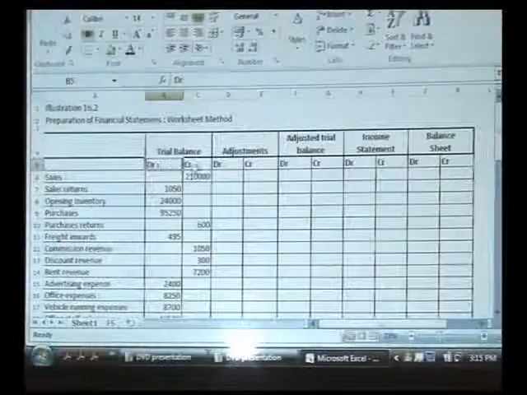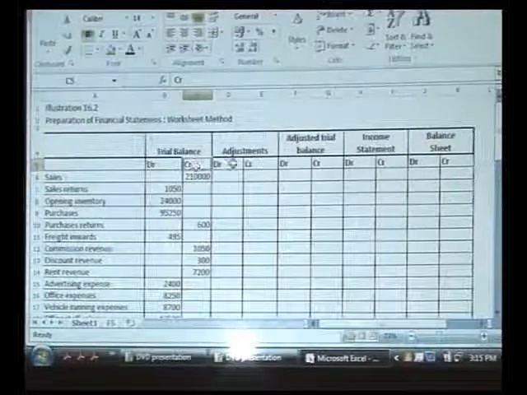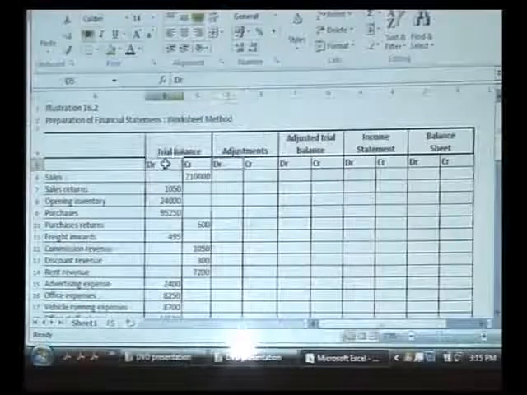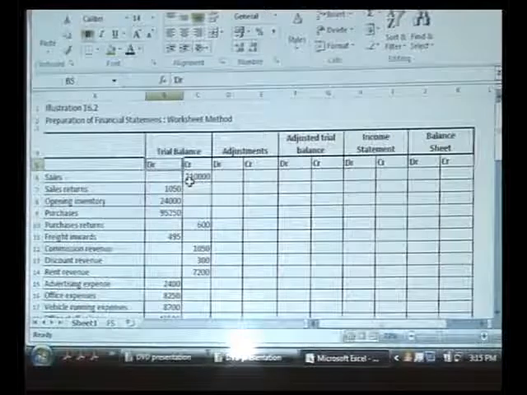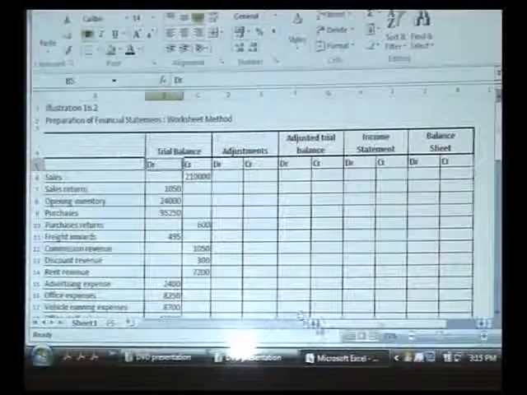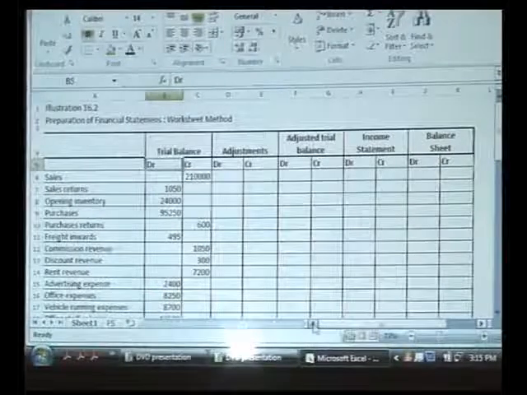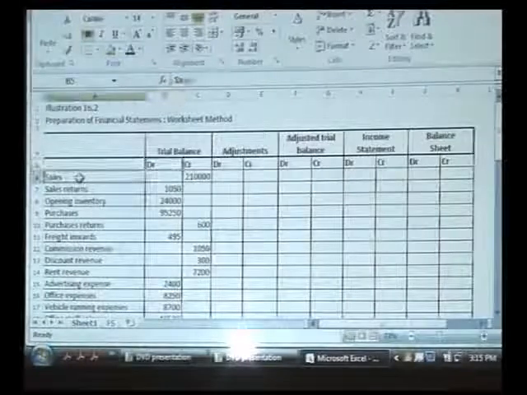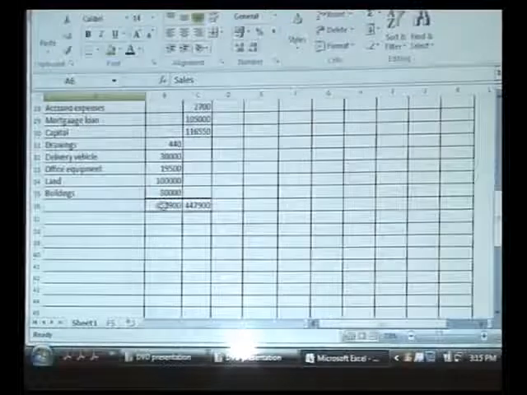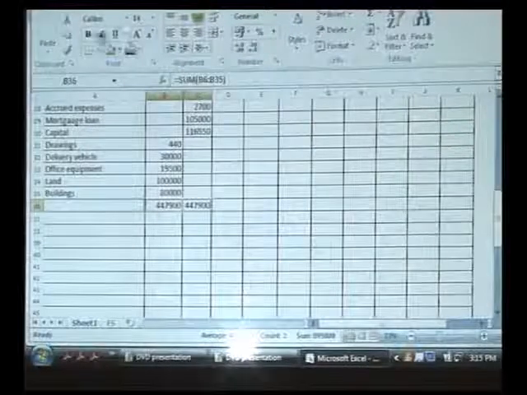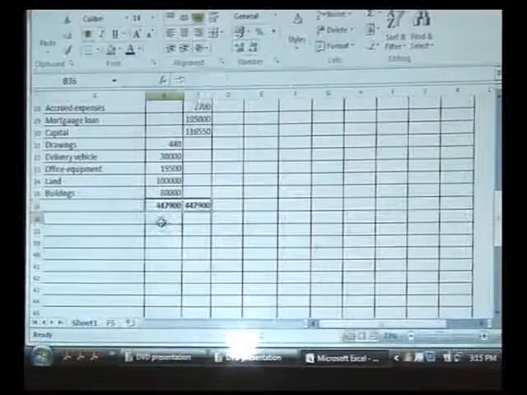Each column has debit and credit, so therefore there are 10 columns. That's why we call it a 10-column worksheet. So the trial balance is reproduced here. The total is given here.